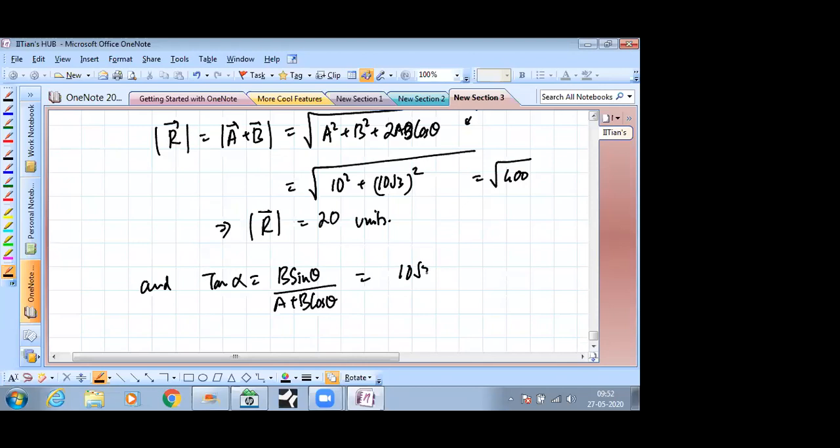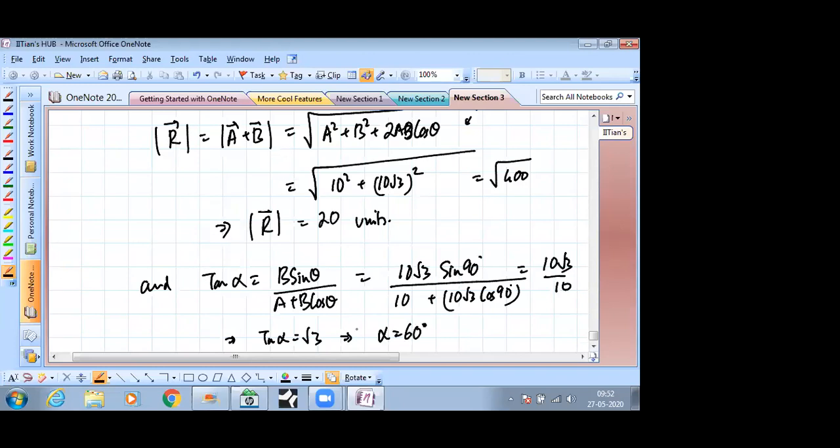So that is 10 root 3 sine of 90 degrees upon 10 plus 10 root 3 of cos of 90 degrees. This becomes 10 root 3 by 10. That means alpha is equal to 60 degrees. So this and this become the answer by the formula based method.